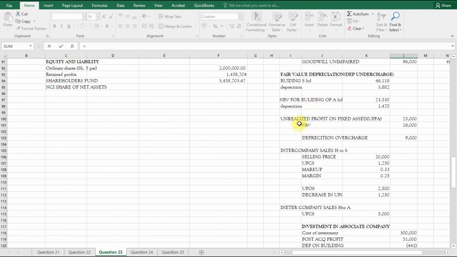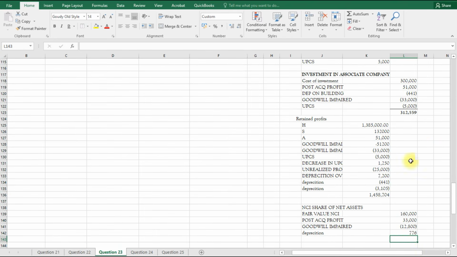Our depreciation was this, and I'll multiply by 20%. This one is supposed to be a negative value.